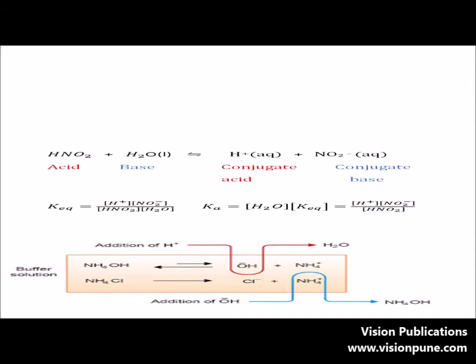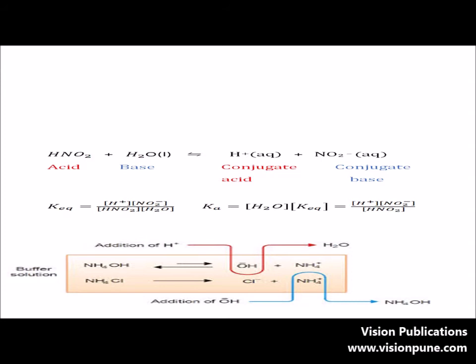Another example of buffering is ammonium hydroxide and ammonium chloride. Ammonium hydroxide dissociates to give hydroxyl ion and ammonium ion. Ammonium hydroxide is a base and ammonium ion is its conjugate acid. Again, ammonium chloride gives chloride ions and ammonium ions. Now, ammonium ion is an acid.